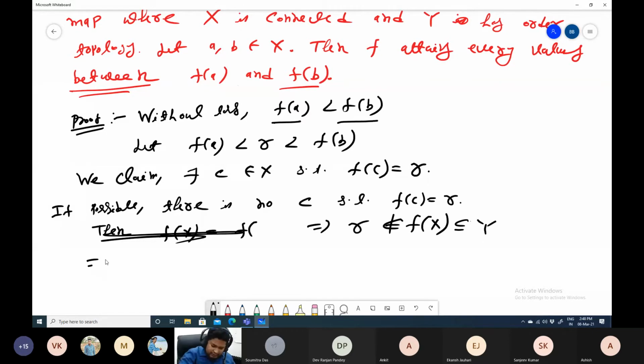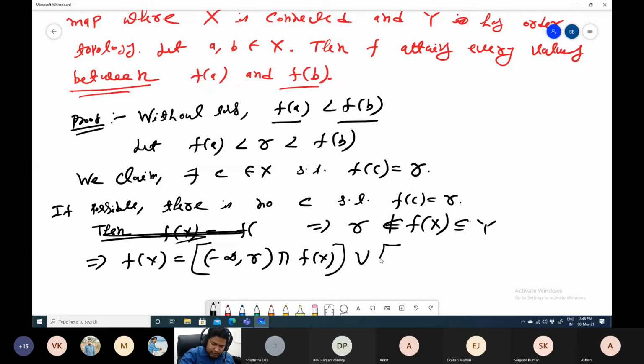So that means f(X) can be written as the intersection of (minus infinity, r) with f(X), union the intersection of (r, infinity) with f(X). We can write this. Is it clear to everyone? What are we doing here?